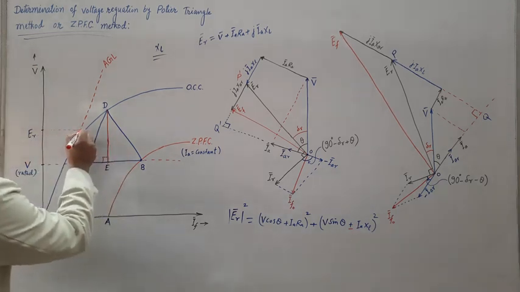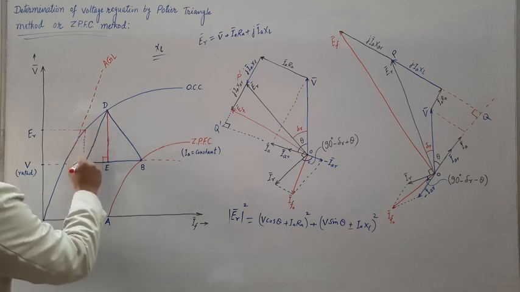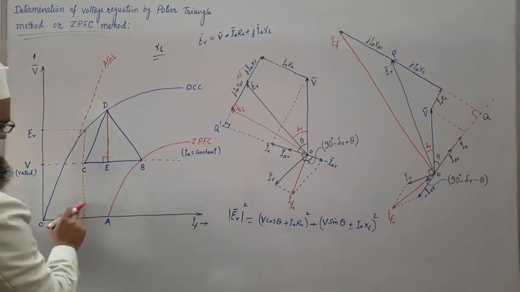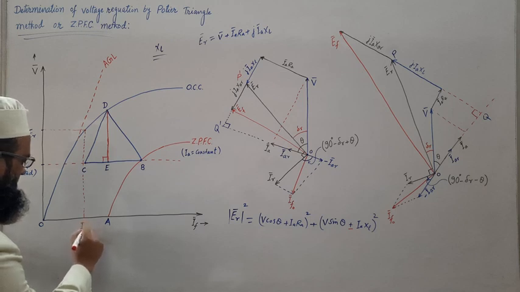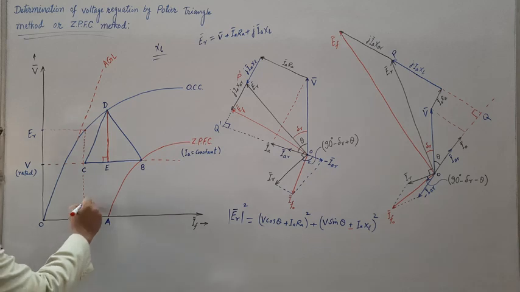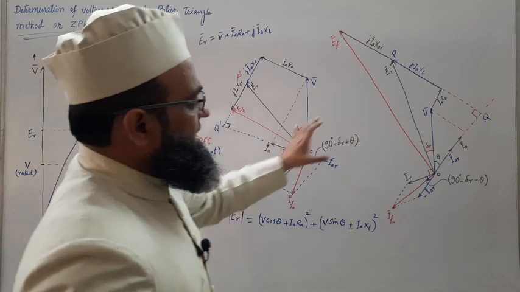we are getting the field current Ir from OCC, as we have already assumed that, okay, we are taking the actual values.